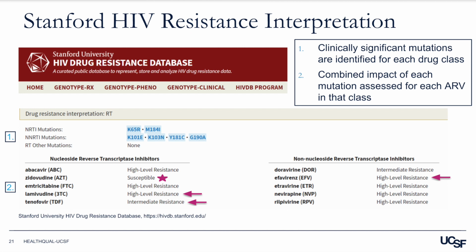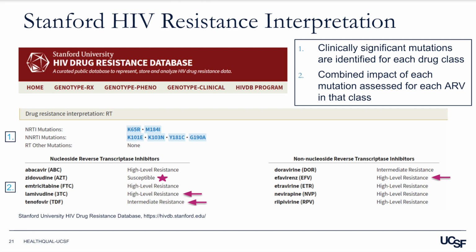So for the NRTIs on the left-hand side of the screen, what you can see here is that the zidovudine is susceptible, which is what we would expect, right? It's actually probably more susceptible because of these mutations. In contrast, the combination of those two mutations makes the rest of your NRTIs resistant.